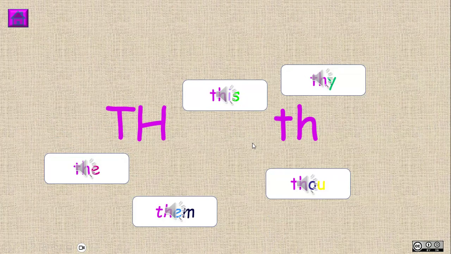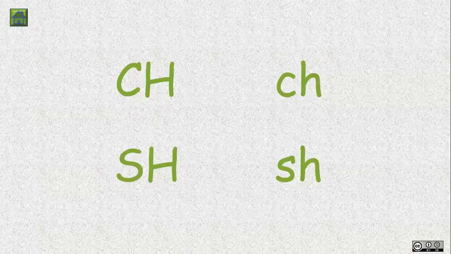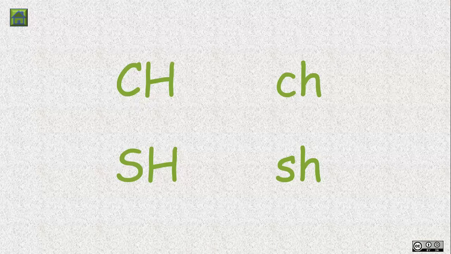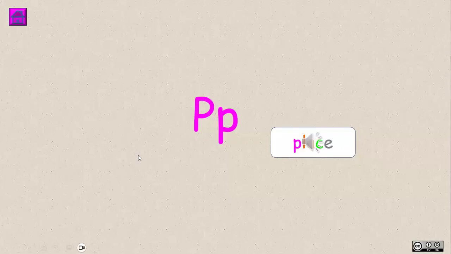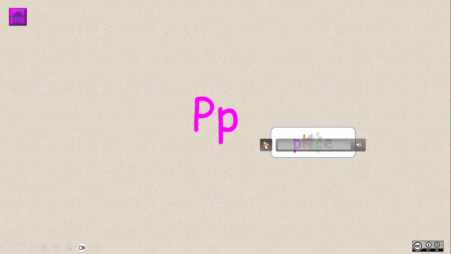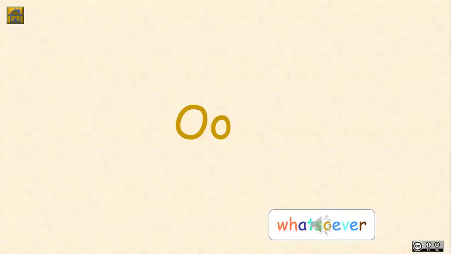Sometimes it's quiet, but not today. There are no ch or sh words. This is the P page, and we'll find that it says place. This is the O page, where we find whatsoever.